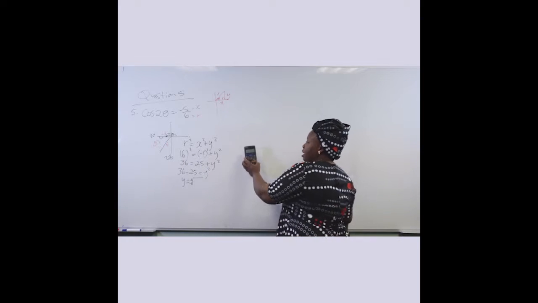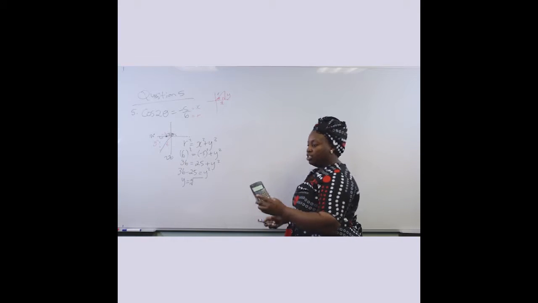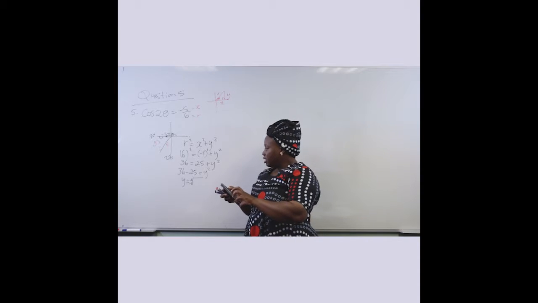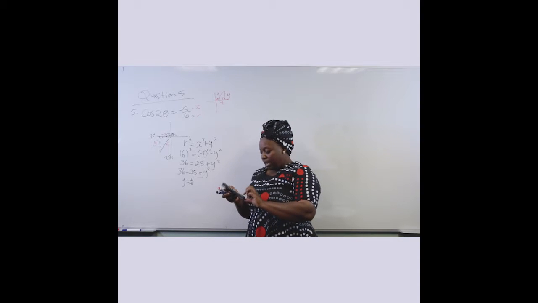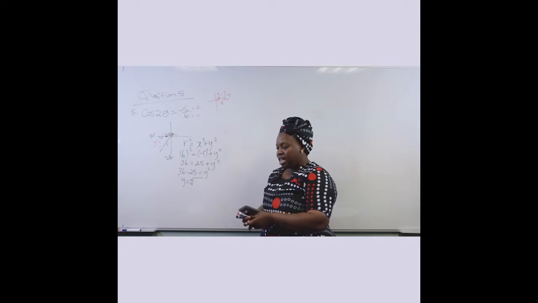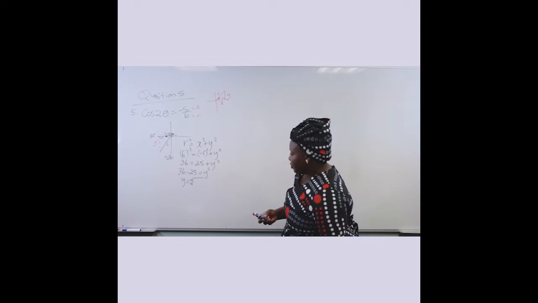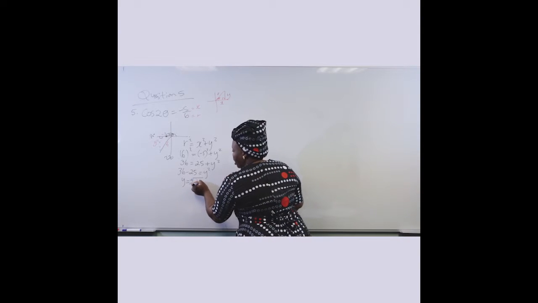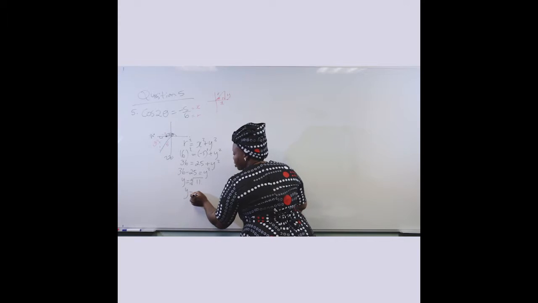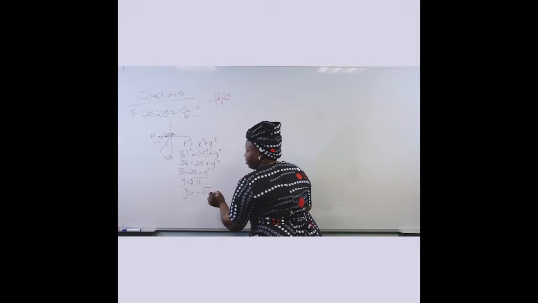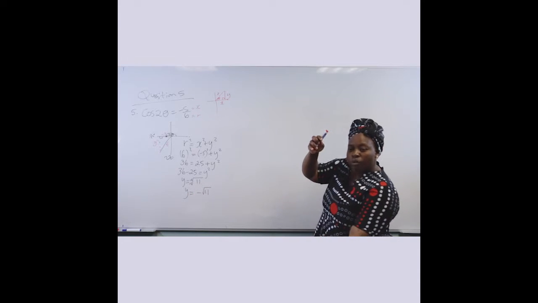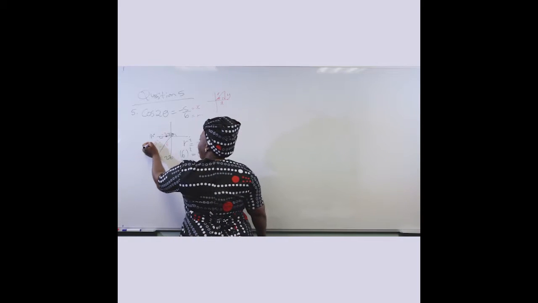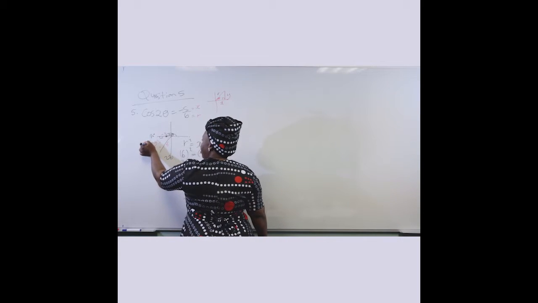You can quickly use your calculator to make sure you get it right. We have the square root of 36 minus 25, which gives us the square root of 11. Now you go to the Cartesian plane and check. That means y is equal to negative square root of 11, because we're on the negative side of the y.